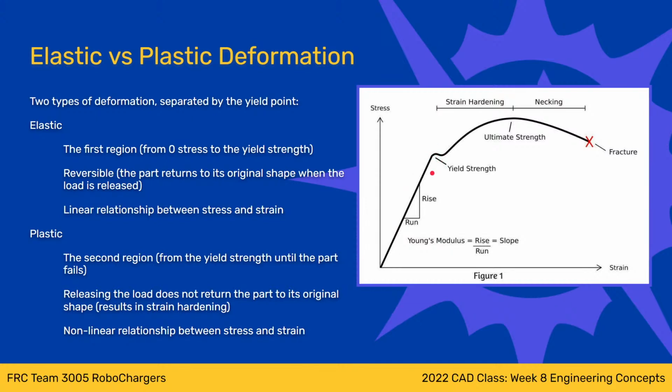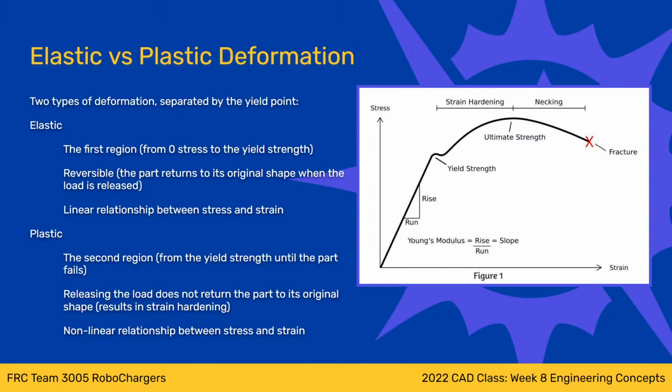And then once you get past the yield strength of the material, things get a little bit more complicated, because the material is deforming permanently, and it's changing shape and it's changing structure, and there's some weird stuff going on. So basically, once you get past this yield strength, you're undergoing what's called plastic deformation, as I mentioned, and any strain that you have created is not reversible, right?